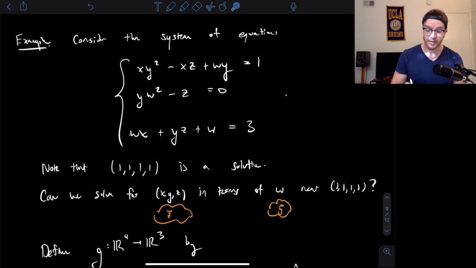In other words, this system of equations cuts out a curve, some curve in 4 dimensions. Basically, what we've asked here is, can I parameterize this curve using w locally? Near a certain point of the curve, can I locally parameterize the curve using w? And it turns out that the answer is yes. This is what we showed.